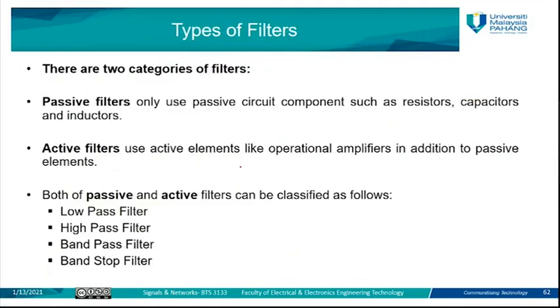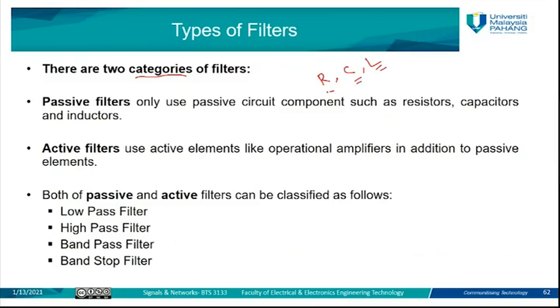So usually we have 2 main categories of filters, 2 main categories, no, 2 main types. The first category we call the passive filters, and the passive filters here consist of passive components, like resistor, capacitor, inductor.